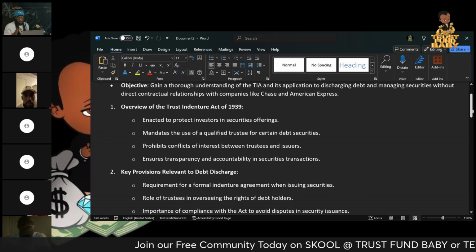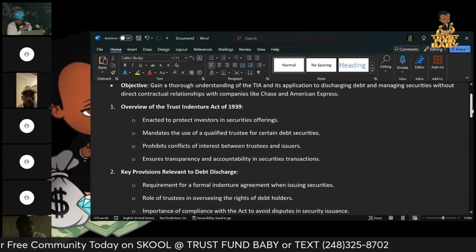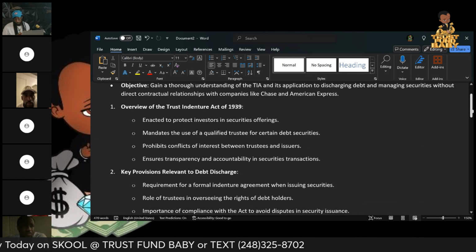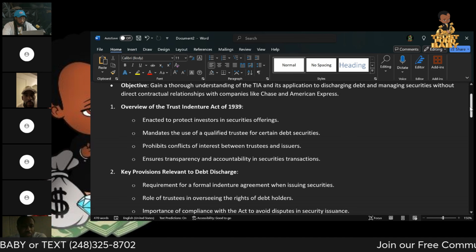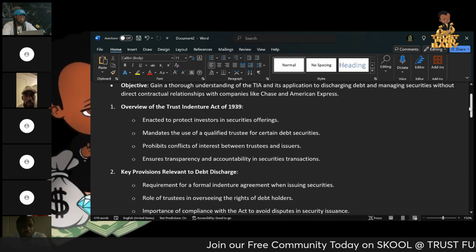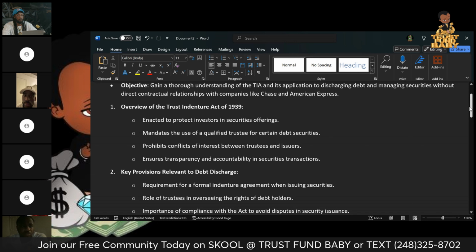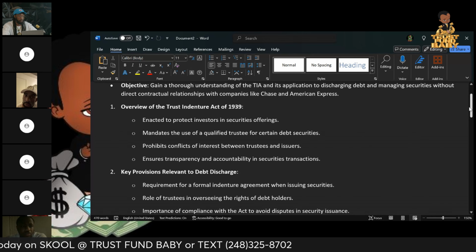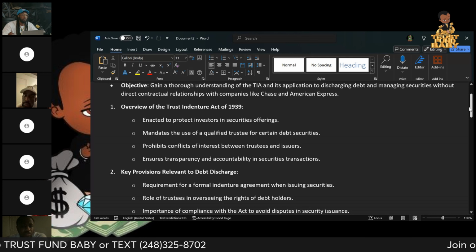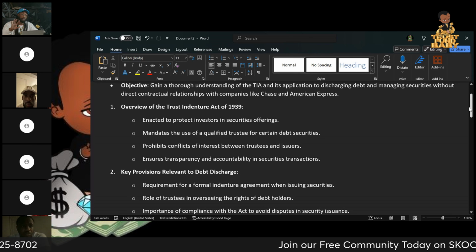That one that I showed you, there are way more people who are utilizing these steps in order to do it. So, the Trust Indenture Act. If you have a hard time figuring out who the trustee is for the trust indenture, if you read the Trust Indenture Act, it will help you to be able to target who those people are. Because if you can't identify the individual, that more than likely means you have a hard time understanding the language, because it clearly identifies it.